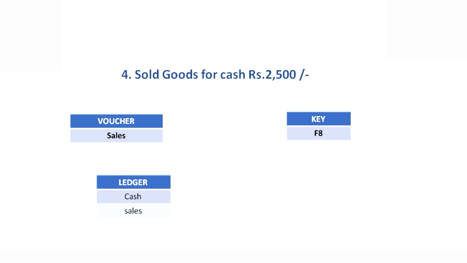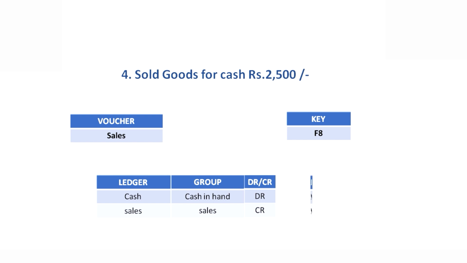The ledger names to be used to pass this transaction are cash and sales. We'll create sales ledger under sales account group, and we debit cash and credit sales to pass a transaction with a value of 2500. So we'll see it in Tally Prime.